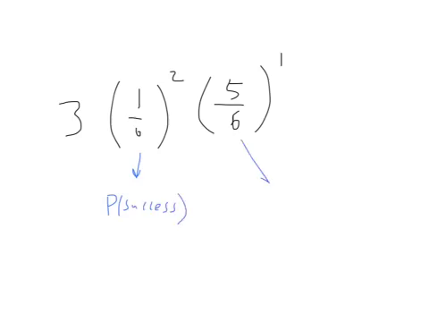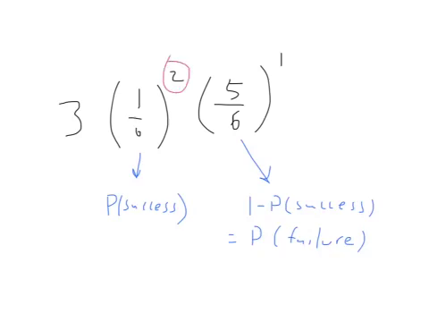And this 5/6 is just 1 minus the probability of a success, which equals the probability of a failure. And this 2 up here was the number of successes. And this 1 is simply the number of failures.